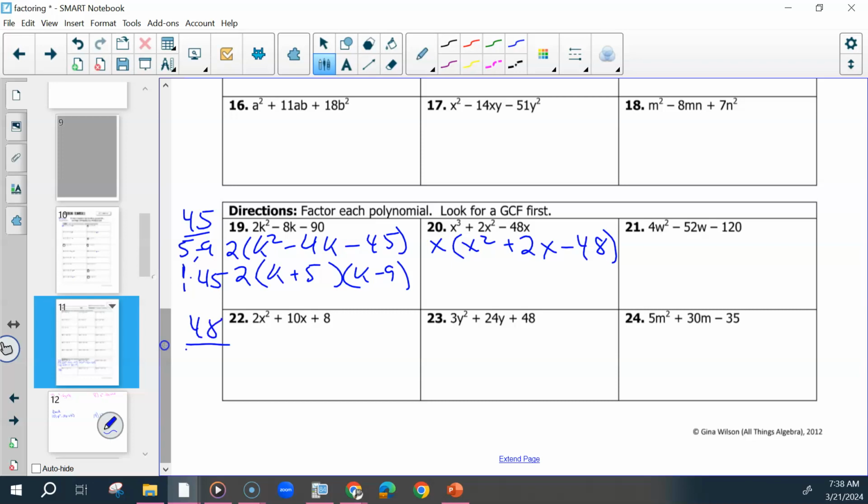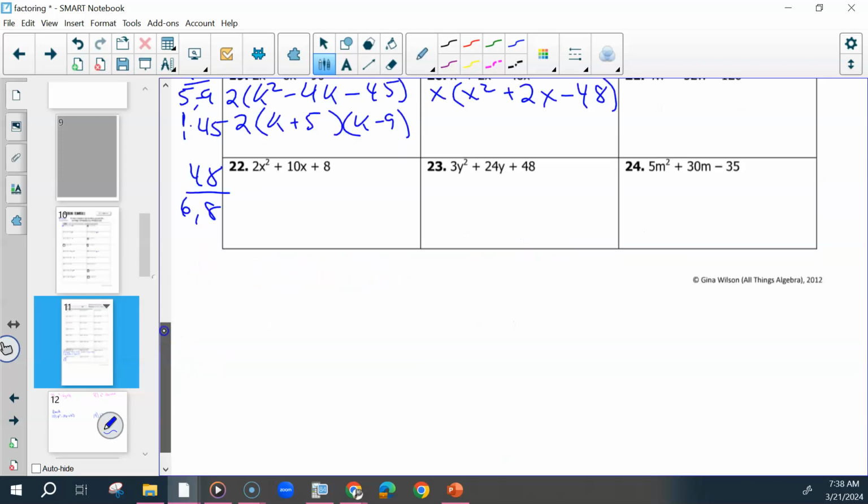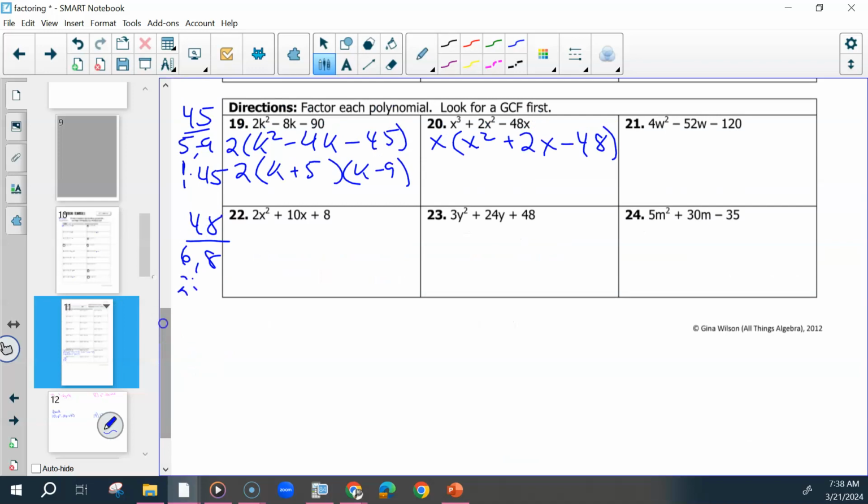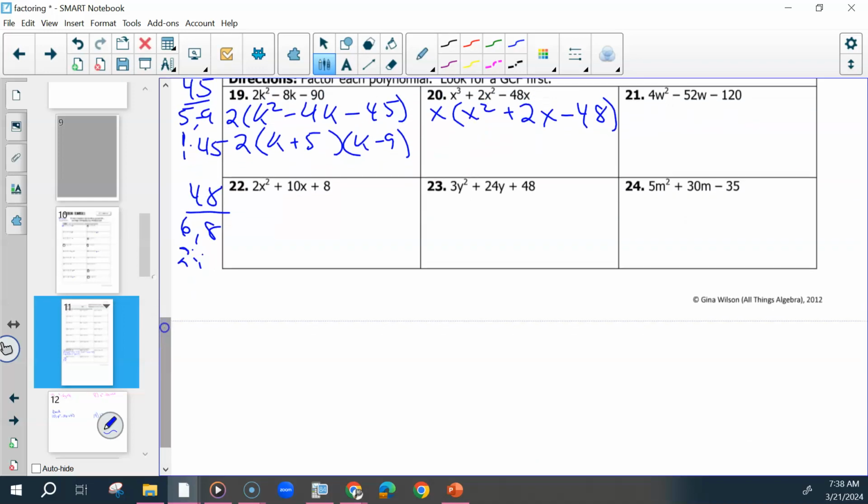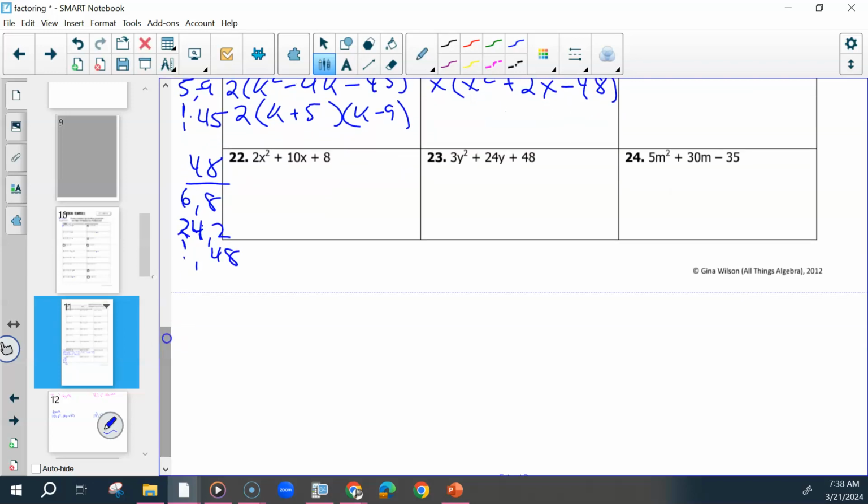6 and 8. I'll list all of them, but 6 and 8 would be the 2 that were 24 and 2. 1 and 48. What if you use these other ones instead of 6 and 8? They wouldn't work. Hold on a second. 4 times 12.